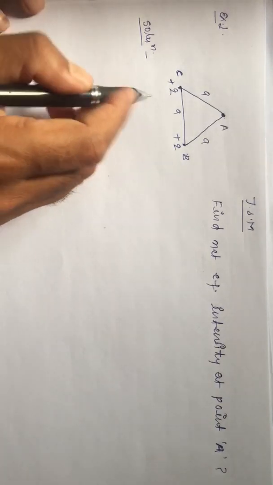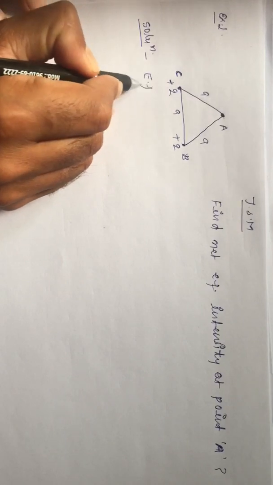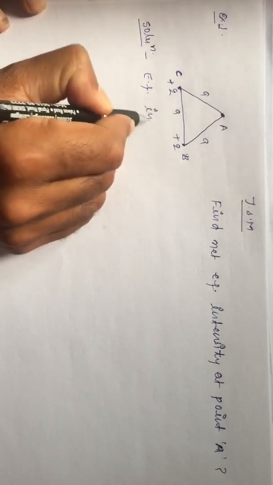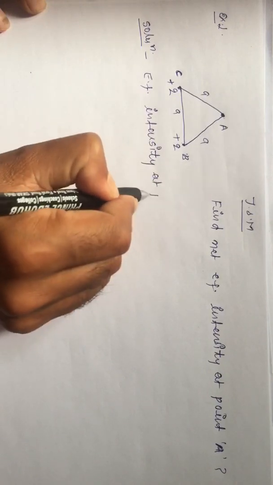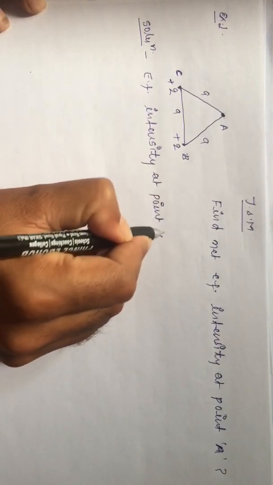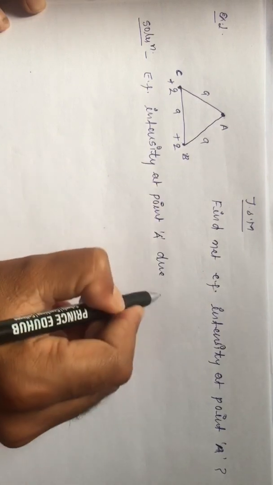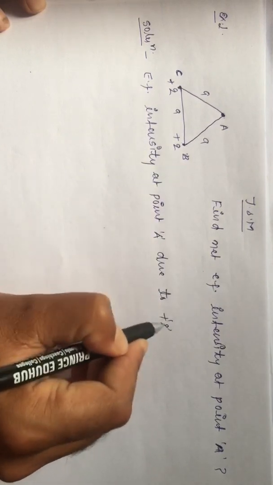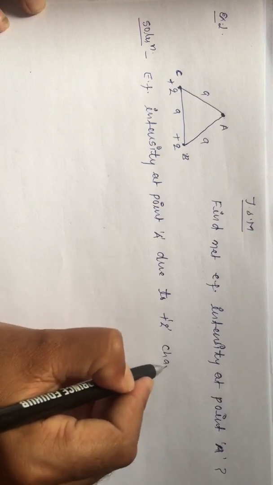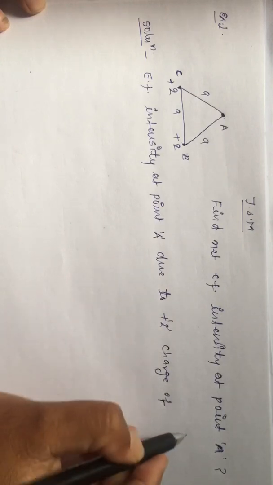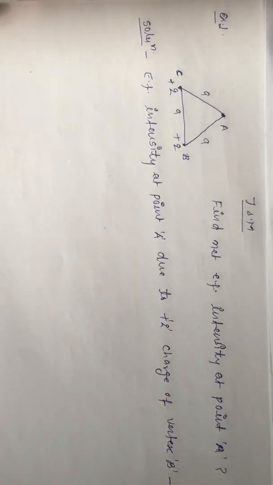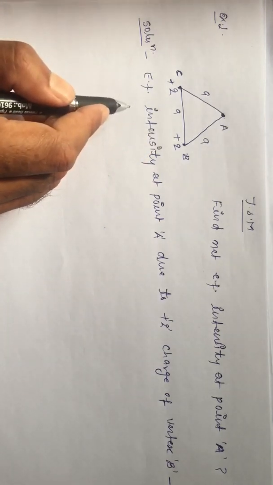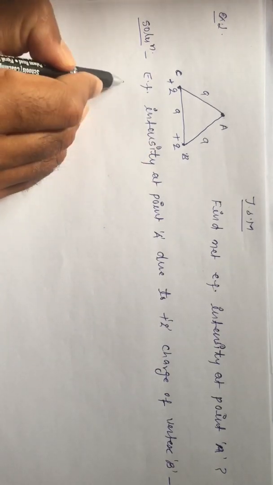My dear students, the electric field intensity at point A due to the plus Q charge of vertex B. What is the electric field intensity at point A?